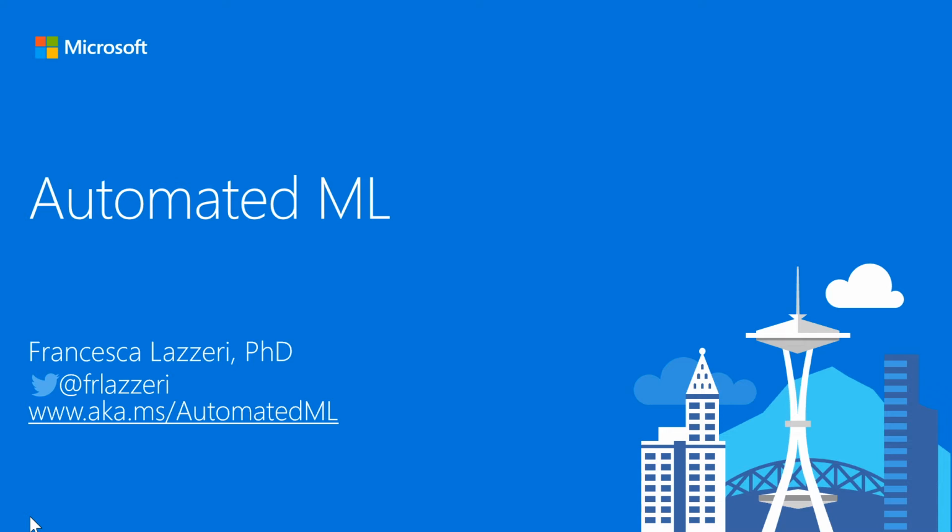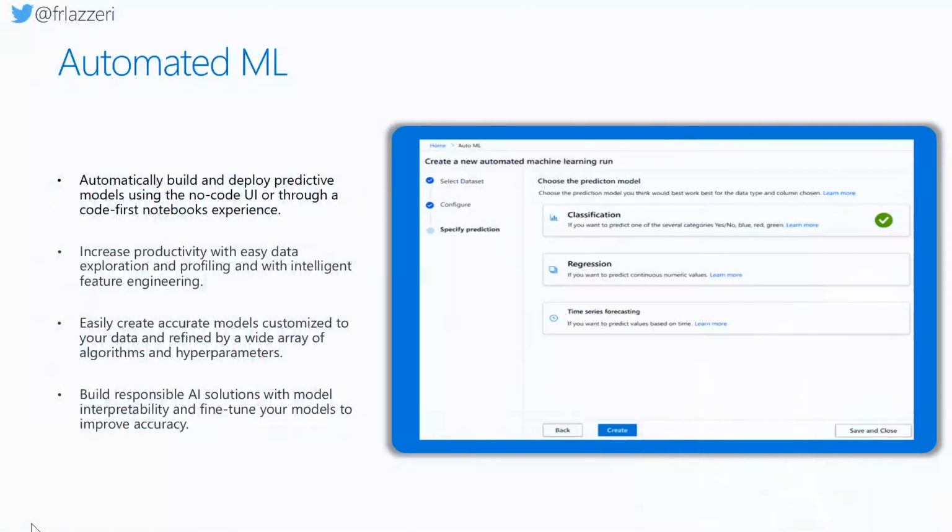It's a great tool to use because you can use it to accelerate your machine learning development process, as this feature does what we call the best model selection and hyperparameter tuning for you. To learn more, I also put this link here, aka.ms/automated machine learning, so feel free to check it out.